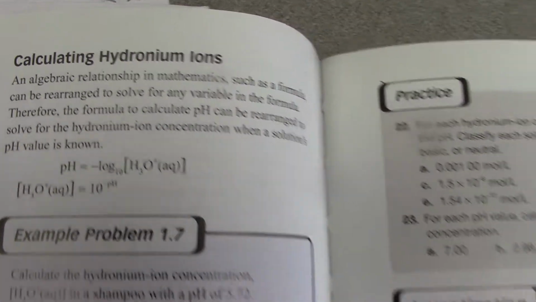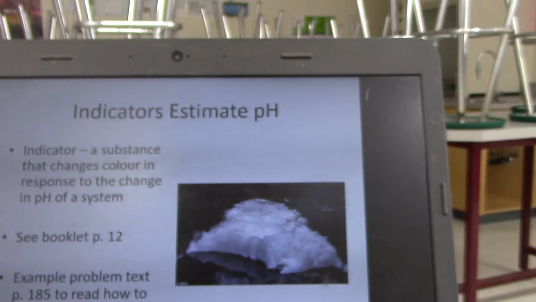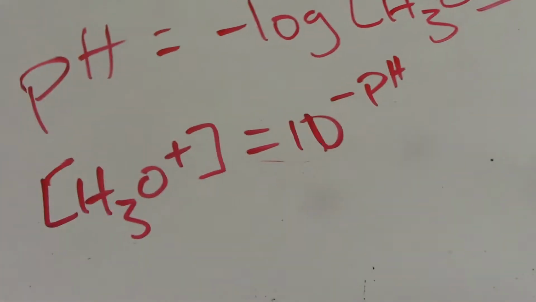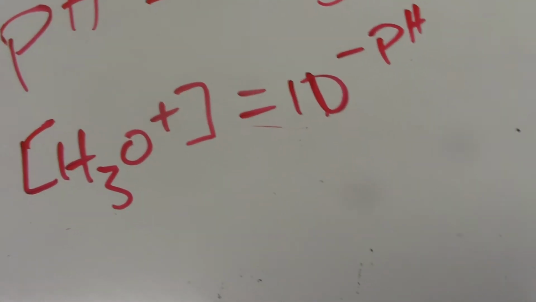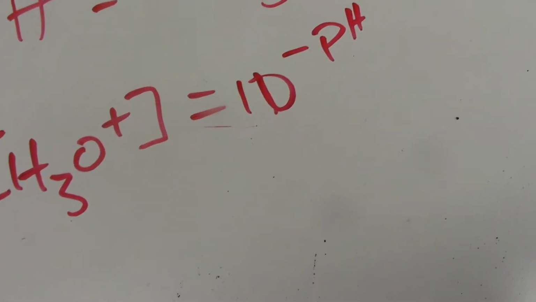Make sure you take a look at those things. We'll look at the pH scale qualitatively as well, but there are some relationships that you need to understand about pH and pOH.